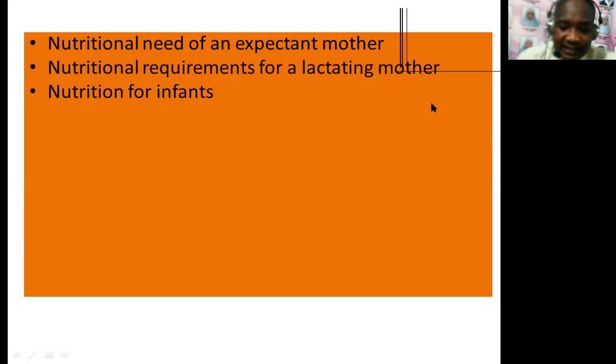Another disadvantage is it may cause problems of digestion. Bottles may easily be contaminated, so they should therefore be handled well to avoid food poisoning. Nipples should be washed in boiled water.